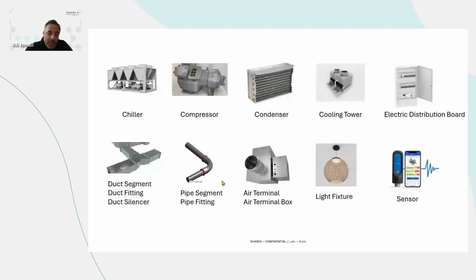You may assume that a building includes only slabs, walls, columns, doors, windows, things we usually know. But of course, it could include more than that, like complex electrical, air conditioning, piping, cables, lighting fixtures.